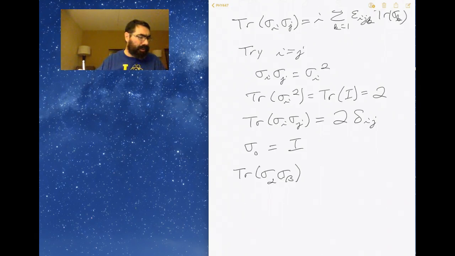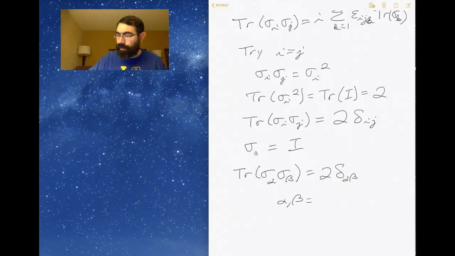That's going to be equal to 2 times the delta function alpha beta, where both alpha and beta can be either x, y, z, or 0. So I've added a fourth matrix, so that the identity matrix can now be included in the list of the Pauli matrices. So we have the 3 that are related to spin, and then 1, which is just the identity itself.